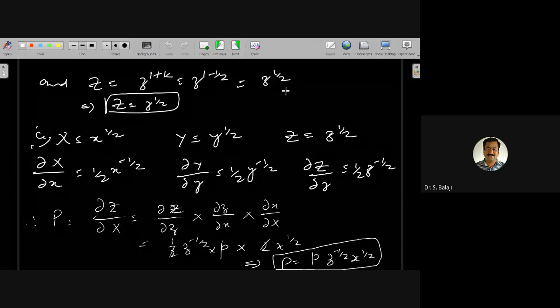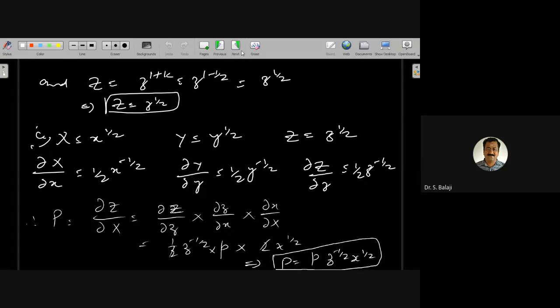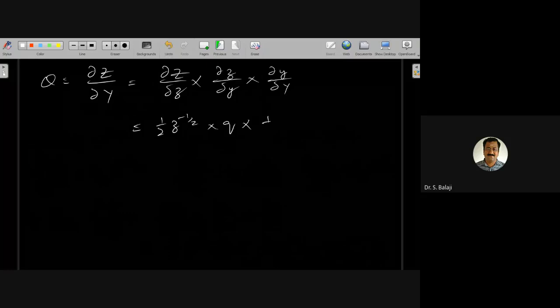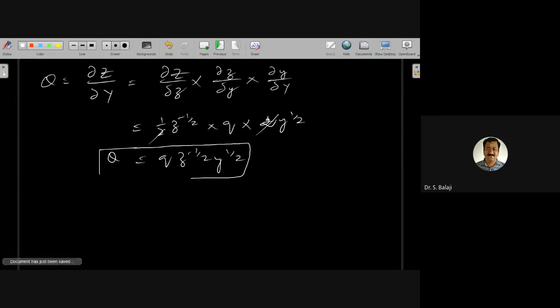Dou Z by dou z is 1 by 2 z power minus 1 by 2. This is Q, standard notation, and it is the reciprocal of this one here. Therefore, 1 by 2 will be 2 y power 1 by 2, and these 2 get cancelled. Therefore, q z power minus 1 by 2 y power 1 by 2 is equal to capital Q.